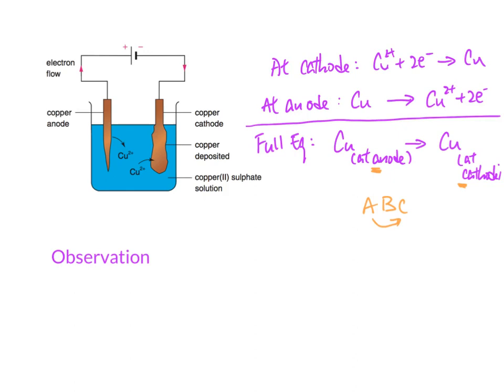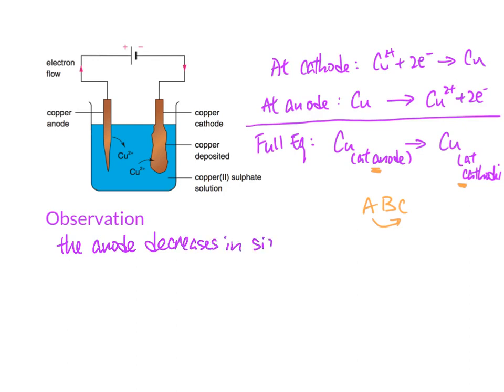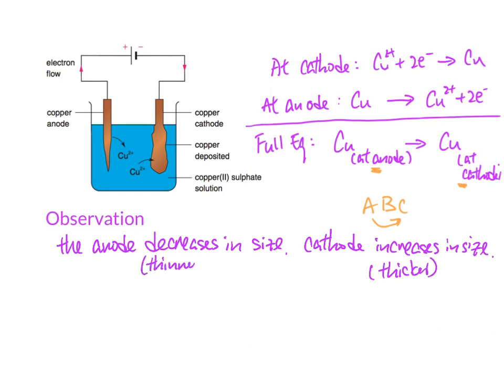What observation can we see? Just as we mentioned already, the anode will decrease in size, while the cathode increases in size. Or you can say the cathode gets thicker and the anode gets thinner, which is also okay.